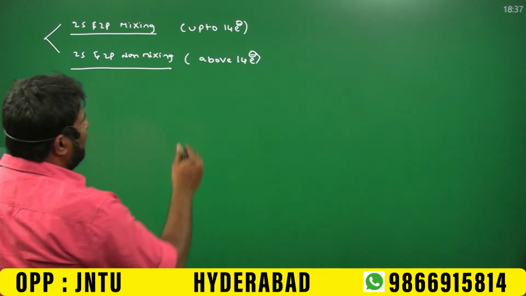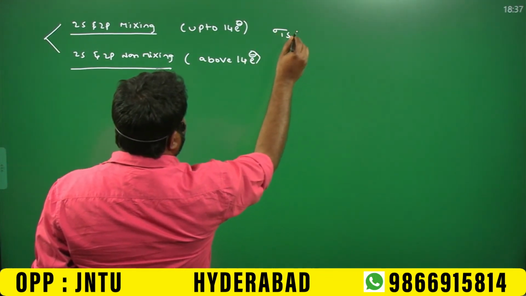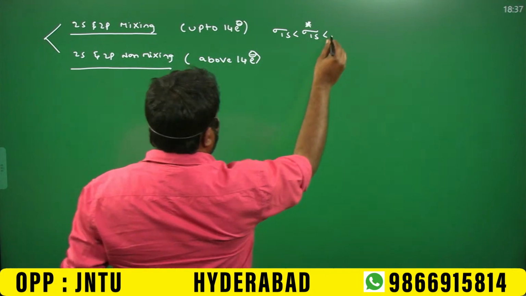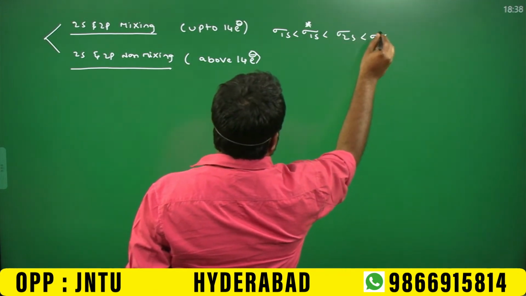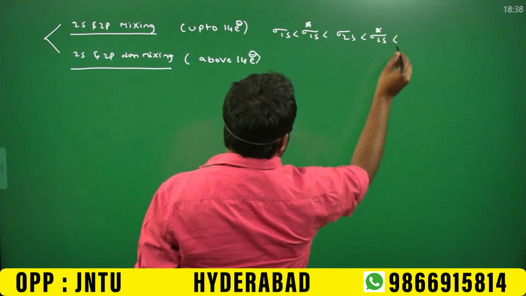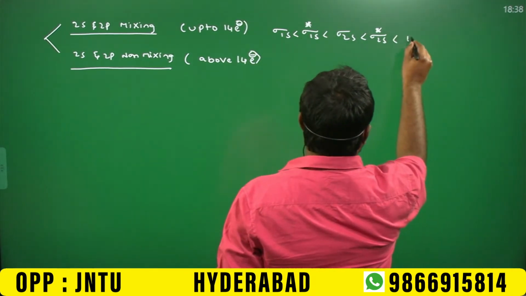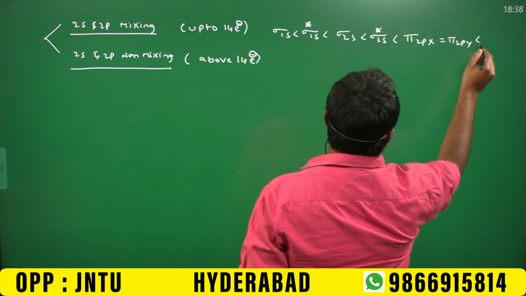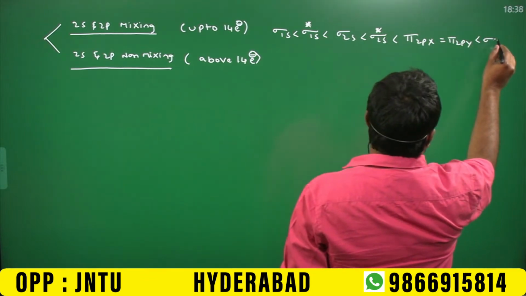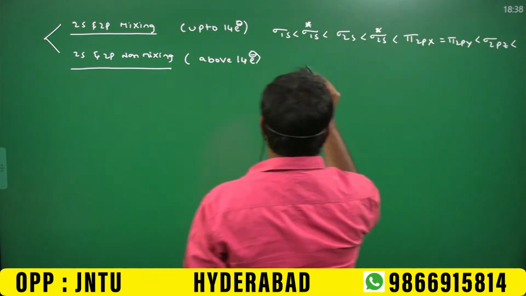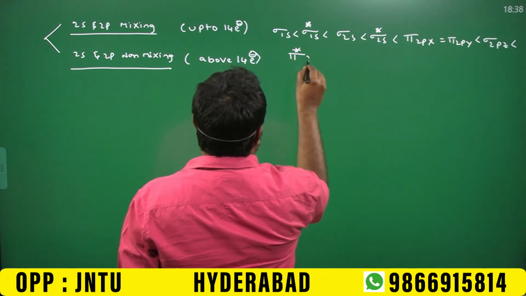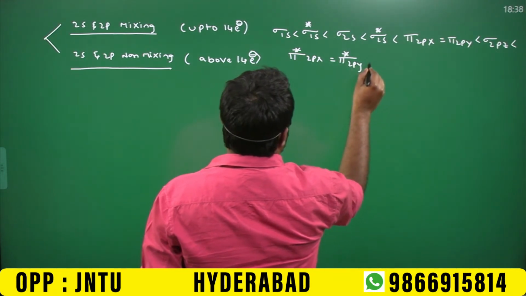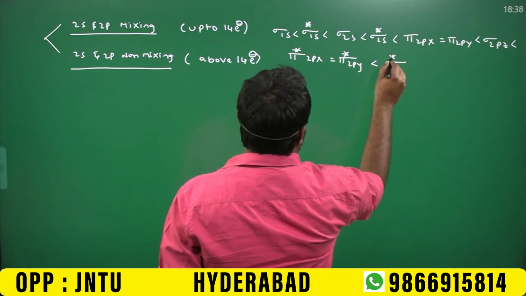Okay, among all these orbitals, sigma 1s less than sigma star 1s less than sigma 2s less than sigma star 2s less than pi 2px equal to pi 2py less than sigma 2pz less than pi star 2px equal to pi star 2py less than sigma star 2pz.